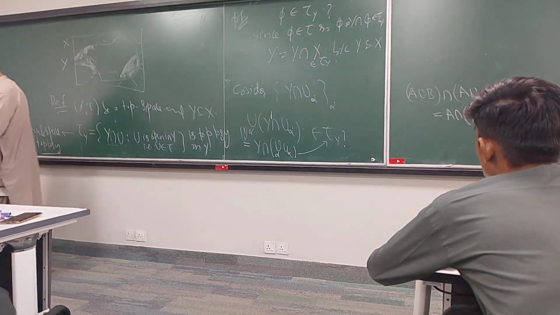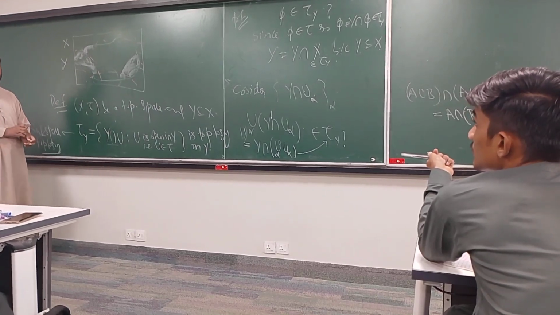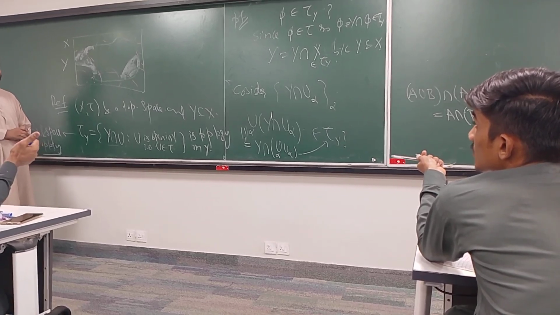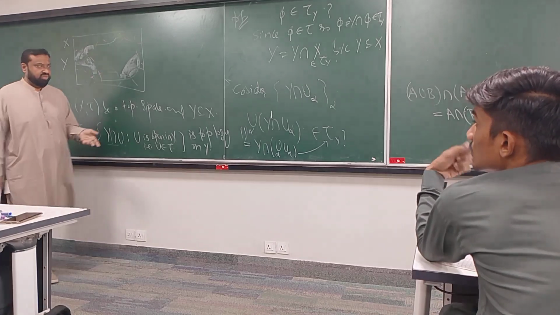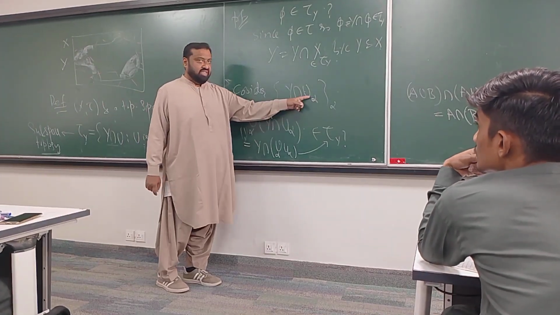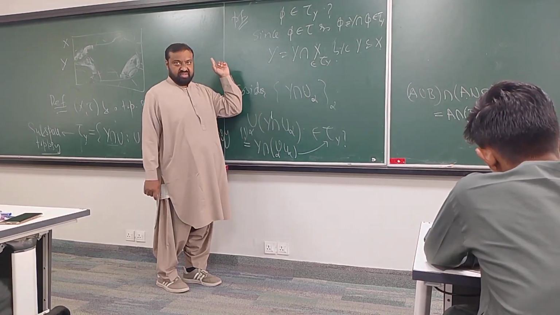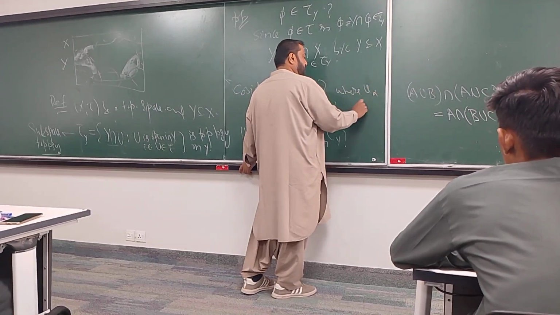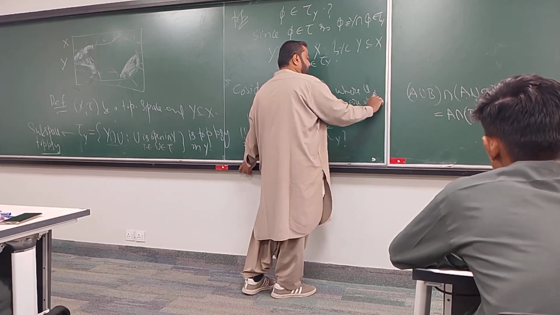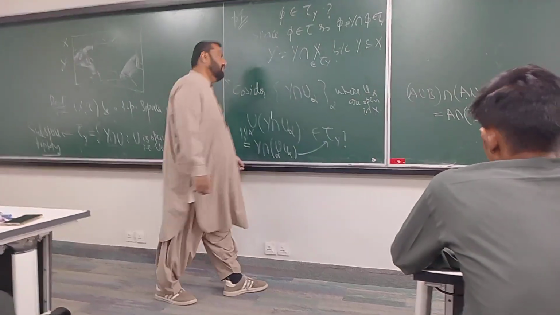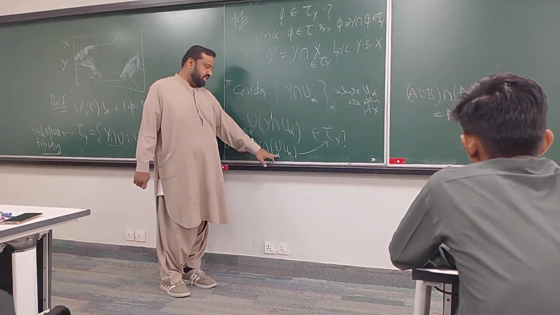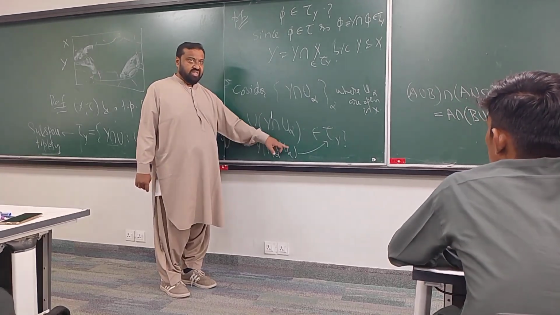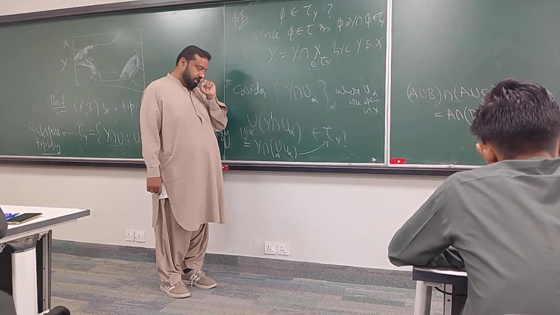Yes sir. Why? Sir, because the U alphas are open, they lie in tau, so taking their intersection with Y they will be open. Sir, if the U's are open then their union will also be open. Yes, you have to be precise. Since these U alphas are open inside X, they are from the topology on X, and since you can write this expression in this manner, you have U alphas that are open in X. So their union is also open in X because tau is a topology and X is a topological space.